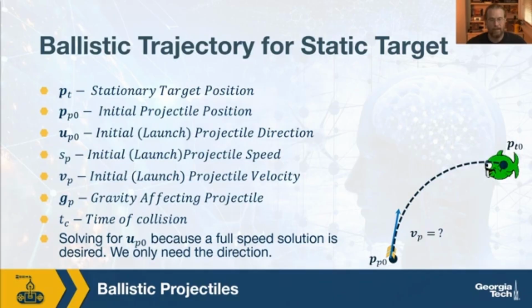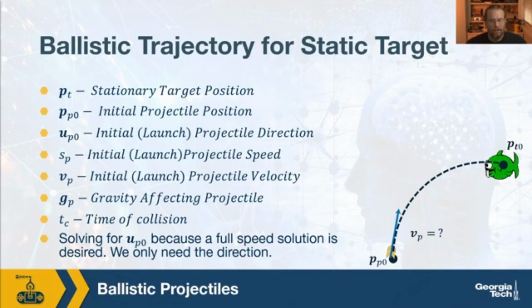So this is the direction part of the velocity. Then we've got the speed, which is just a scalar. So the scalar times the u sub p will give us the full velocity. And then we've got gravity, and we are also concerned with a time value, T sub c, time of collision.